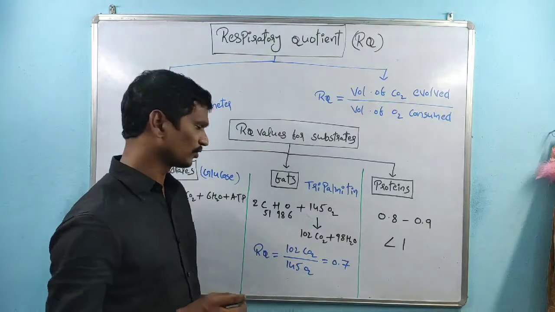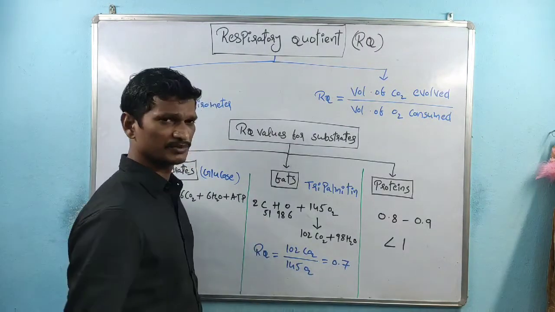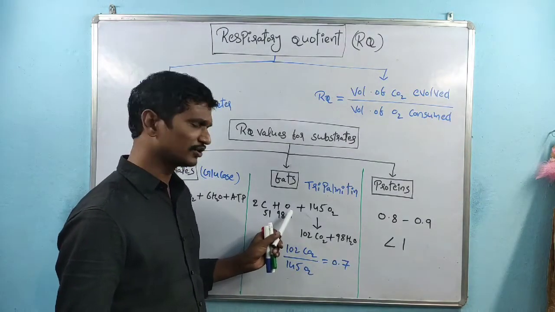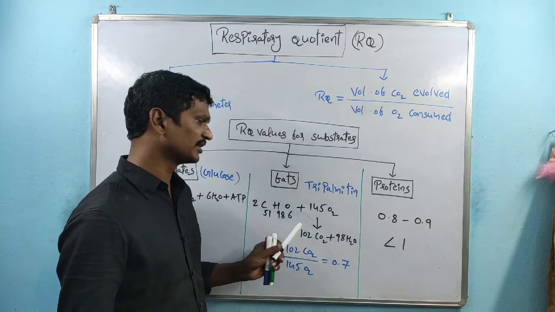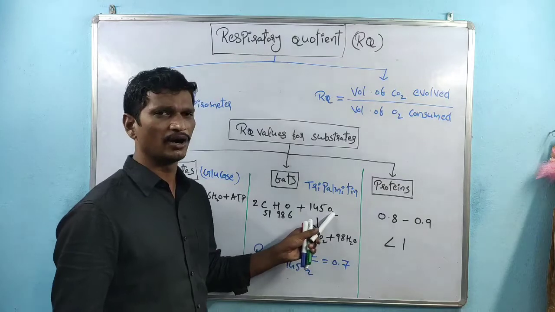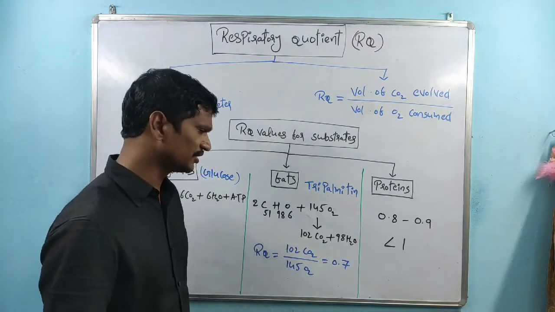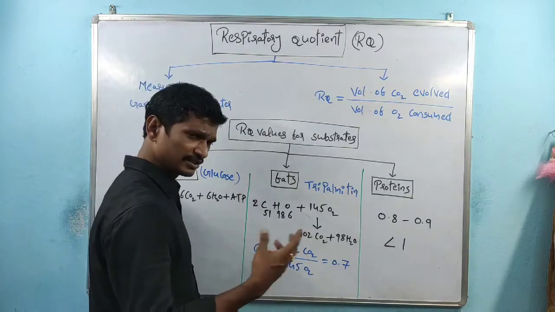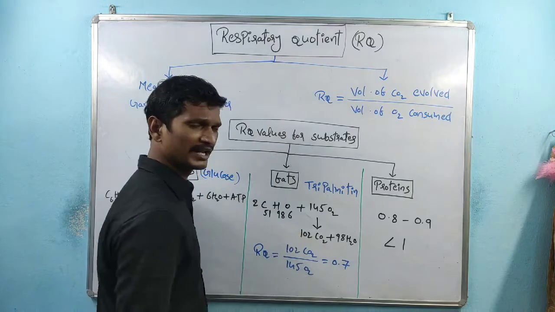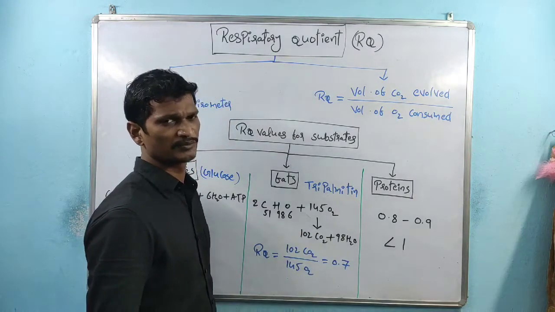Within that structure, totally 102 carbon atoms are present, right? 98 hydrogen atoms are there and 6 oxygen atoms are there. For the oxidation, 145 oxygen molecules are consumed. After that complete oxidation process, 102 carbon dioxide molecules are liberated and 98 water molecules are liberated.